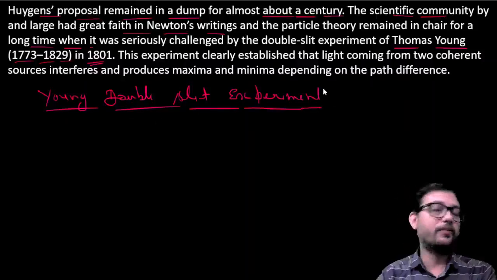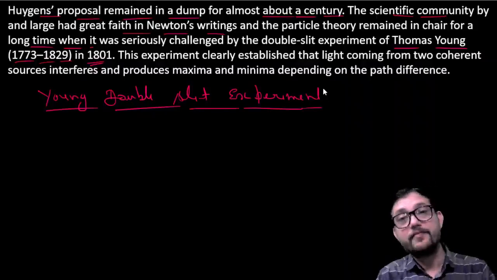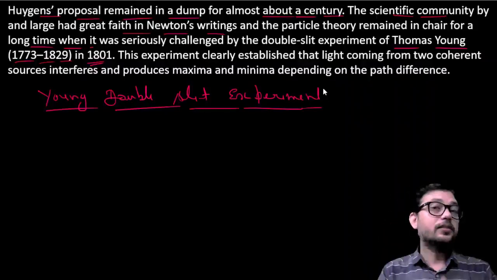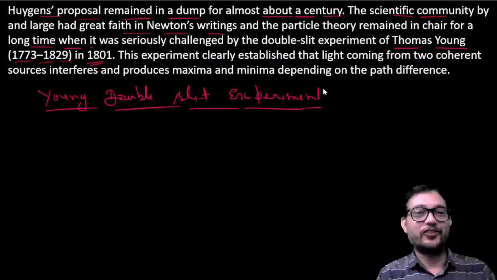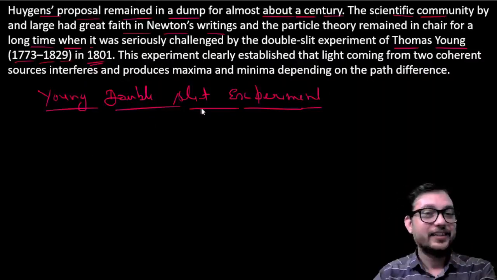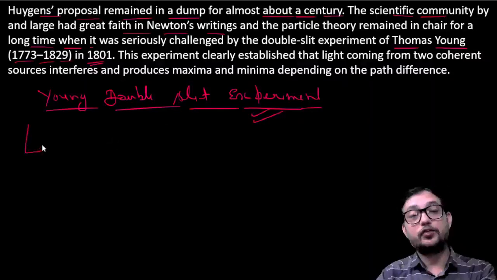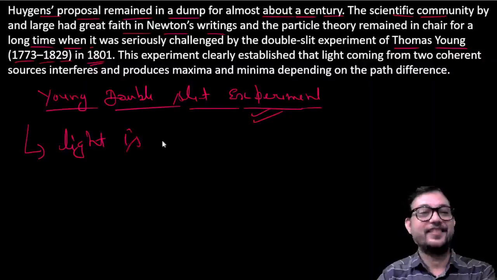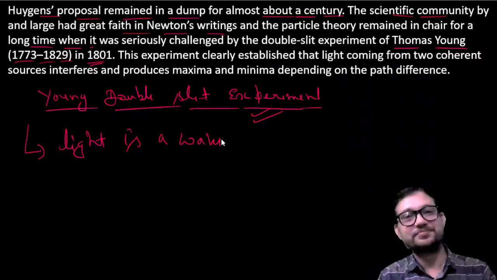On the basis of the experiment, in 1801, Young also supported the theory of Huygens, and with the help of his experiment he explained that light is a wave, not a particle.